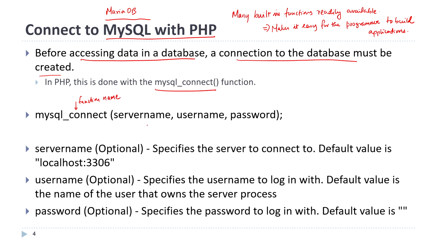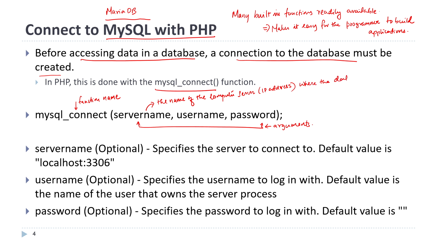And these are the three arguments. The first one is the server name. The server name is the name of the computer server, or you can call it the IP address, where the database is stored.